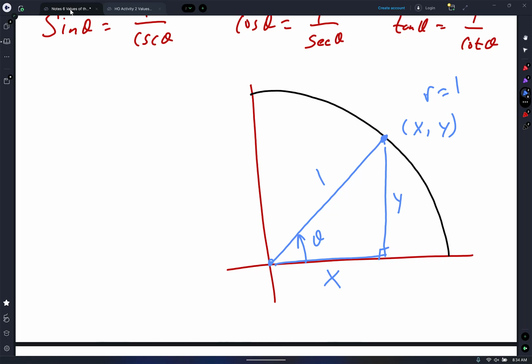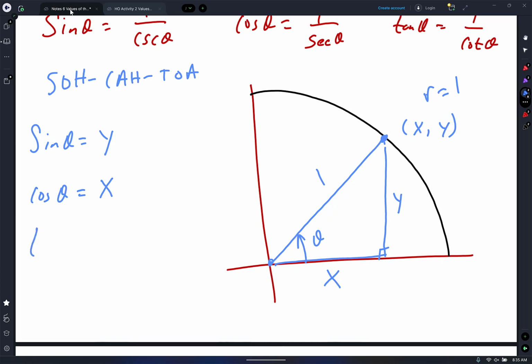then from there we said, I guess you can write the acronym SOHCAHTOA. And then from there we said that sine theta is equal to y divided by 1, which is just y. And we said that cosine theta is equal to adjacent over hypotenuse, which is just x. X divided by 1 is just x. And we said that tangent theta is equal to opposite over adjacent, which is y over x.